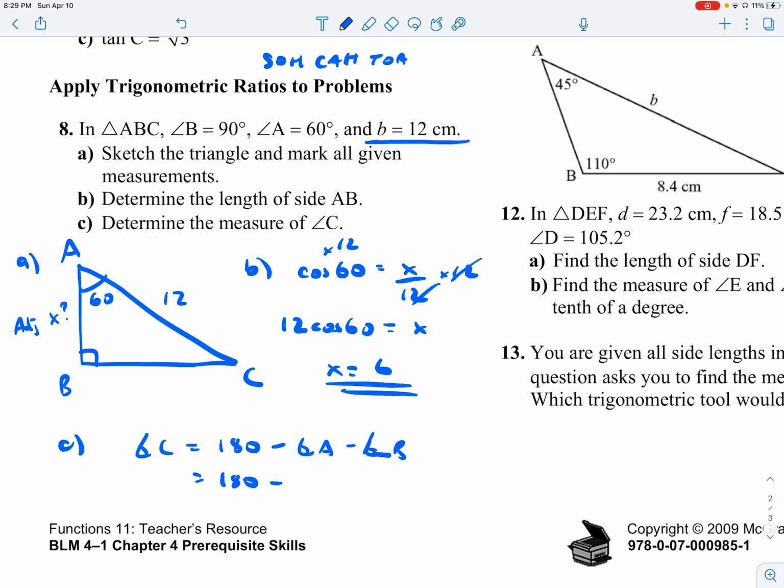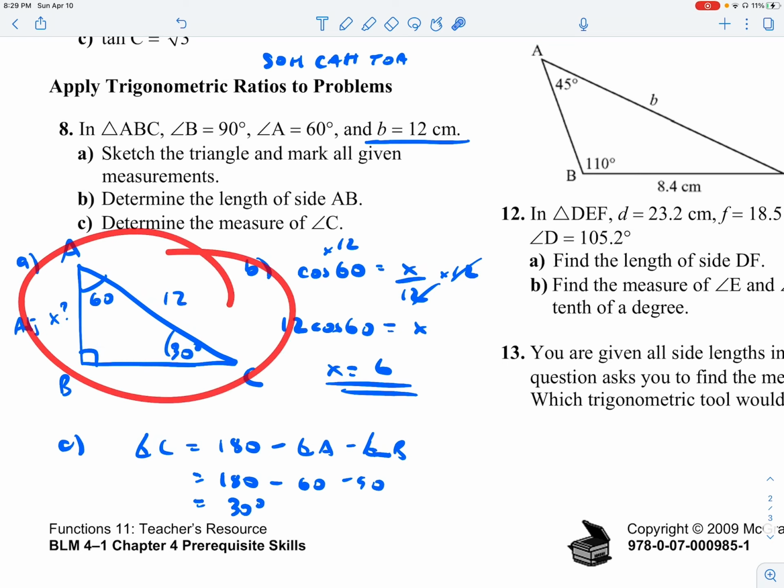So we got 180 minus 60 minus 90. That works out to 150. So 180 minus 150 means there's 30 left over. Okay, this is actually a special triangle. When we have 30 and 60, it creates a special triangle, which we'll learn about in 4.1. So that's my final answer for part C.